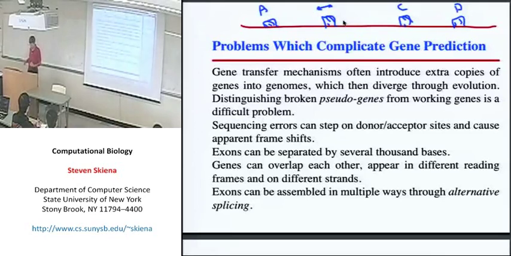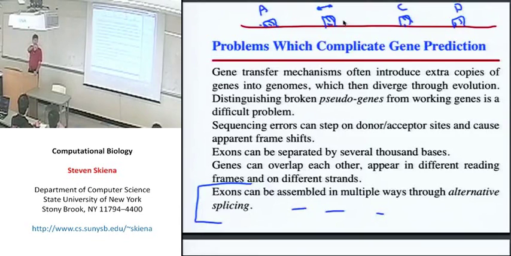And it seems that a lot of the complications, the thing that makes humans more complicated than other things with similar numbers of genes, is that there are more ways in which this alternate splicing can happen. So what you'd really like from your gene finder is not just what the pieces are, but how they might be put together.